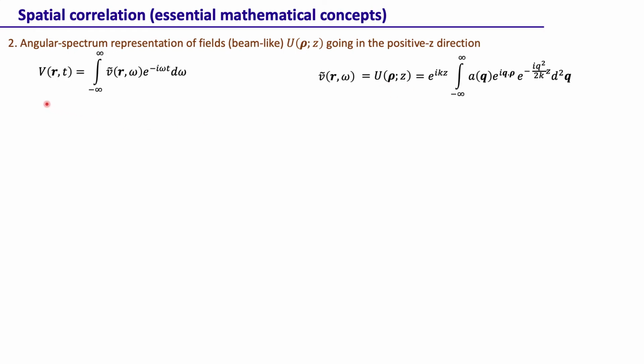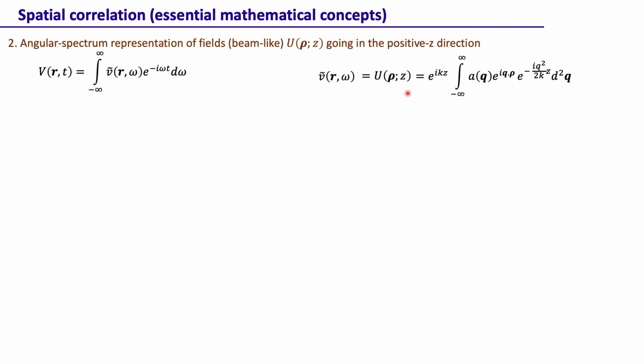Here let me also make a comment that things look a little different in the spatial degree of freedom than they were in the temporal degree of freedom. This is because we are handling space in a slightly different manner than time. In the case of time, we just took a simple Fourier transform between t and omega, but in the case of space, we have this three-dimensional space, but we split that into a two-dimensional rho and z, and then take a two-dimensional Fourier transform only, and z stays as it is.